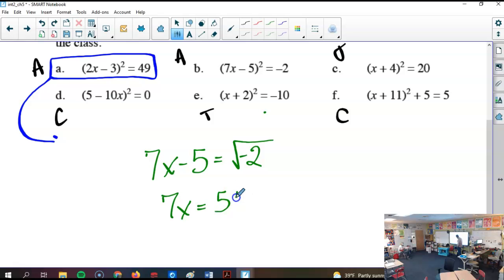Well, plus. If I want to make my life kind of easier, I can leave it in radical form, and I can write it as plus or minus, positive or negative, however you want to say it, because we do not know the exact square root of 2. We also don't know the exact square root of -2, for that matter.